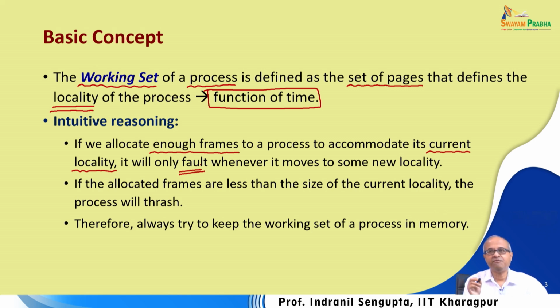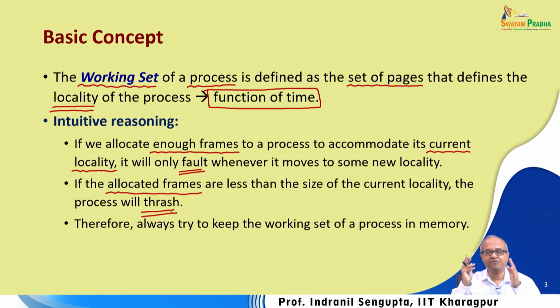However, if we do not allocate enough pages, if the number of allocated page frames is less than the size of the locality of the process, then there will be a lot of page faults, because those are the pages which are accessed frequently and you are not able to load all of them in memory. So, thrashing will take place.